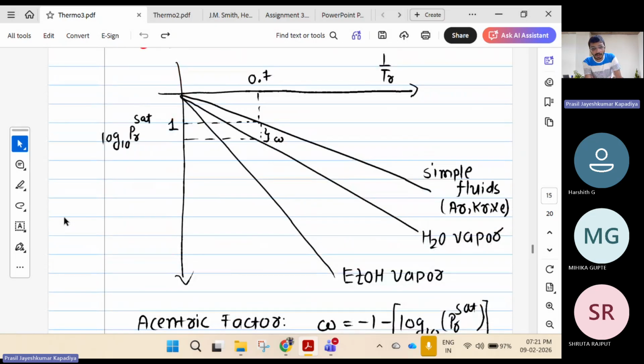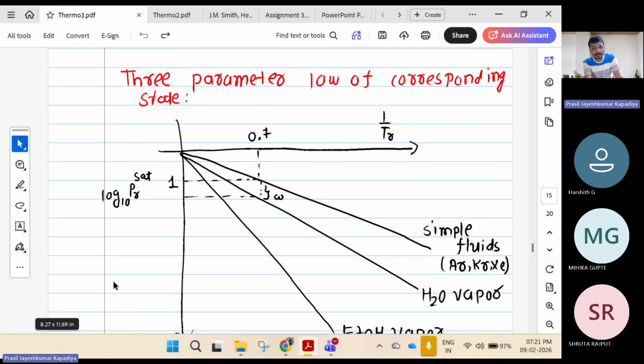So for that, a third parameter is added to this equation of state. It is called the three parameter law of corresponding states. So what do we say here? Log10 PR sat versus 1 upon TR is plotted. For simple fluids, let's say argon, krypton, xenon, when 1 upon TR is 0.7, I am getting log10 PR sat equal to minus 1.